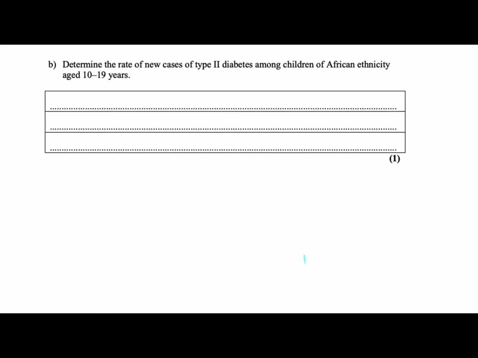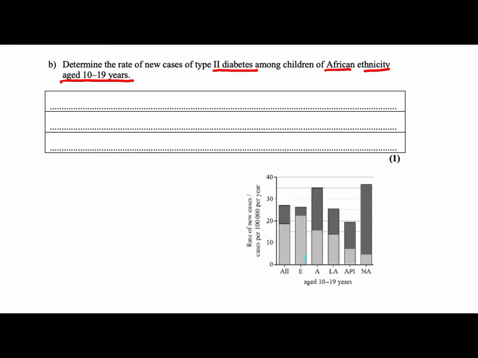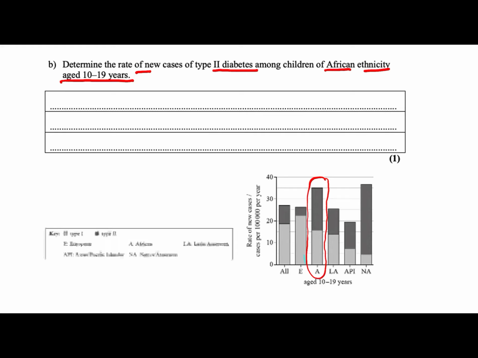The next question is again looking at the graph for 10 to 19 years, and we are looking at type 2 diabetes in African ethnicity. We are looking at this part, and the question is asking for the rate of new cases. Here you can see type 1 and type 2, but only type 2 we are looking at.